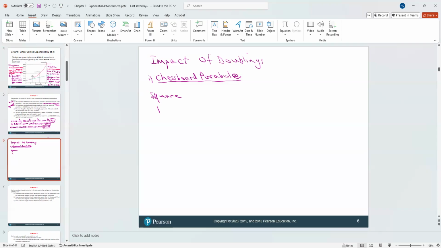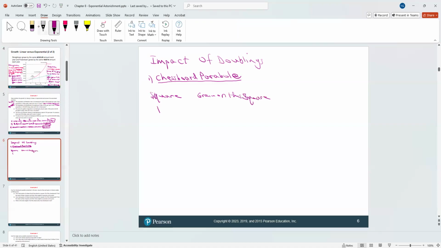So we're going to make two columns: the square, and the grains on the square.